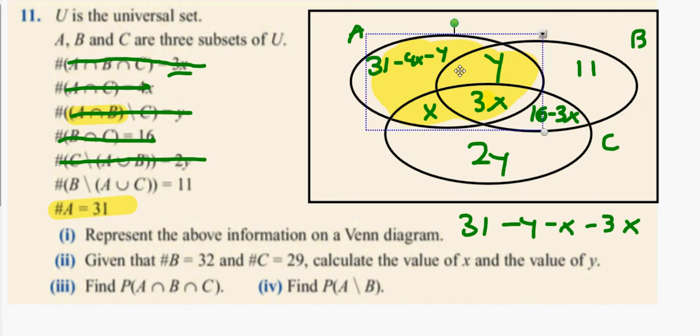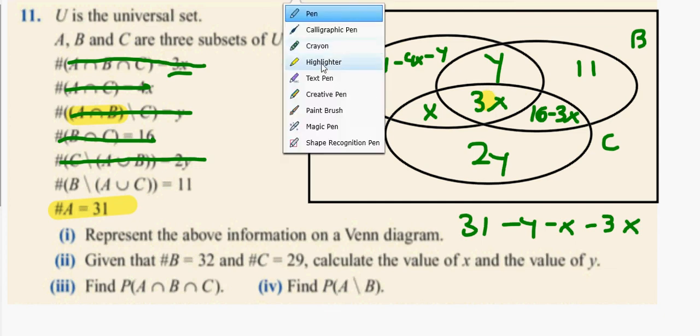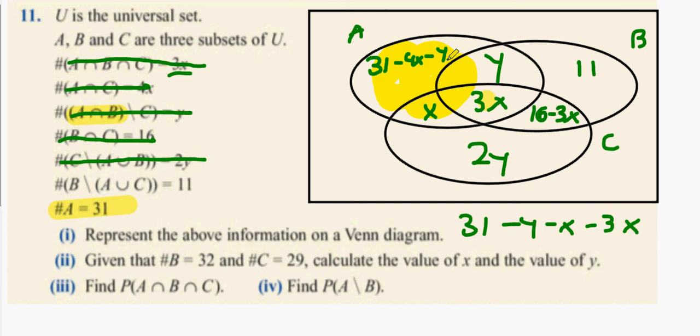How would you check if you're correct? Add A all together. And if you add A all up together, the answer should be 31, which it will be. Okay. Is there anything outside? I don't see any information for outside to you.